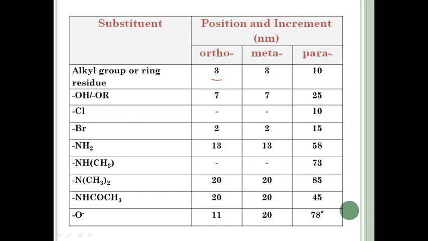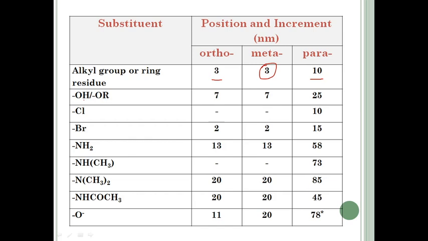For meta, you have to give a 3 nanometer increment, and for para, just give a 10 nanometer increment. This is for alkyl group substitution at the aromatic ring.